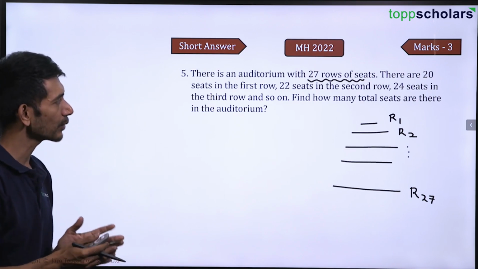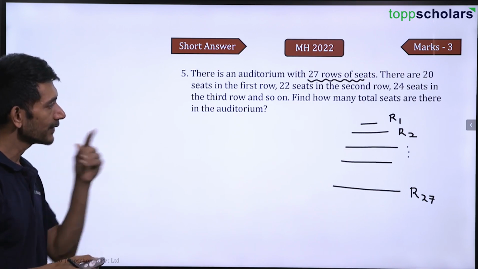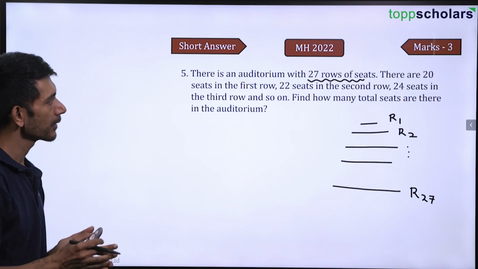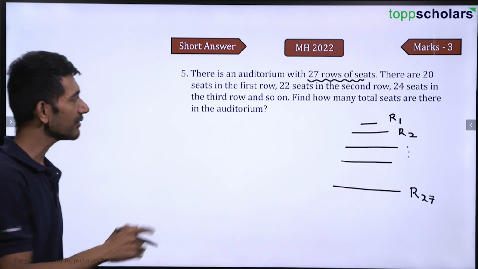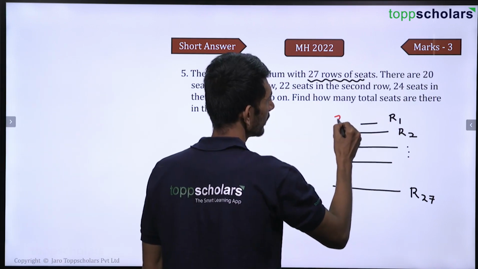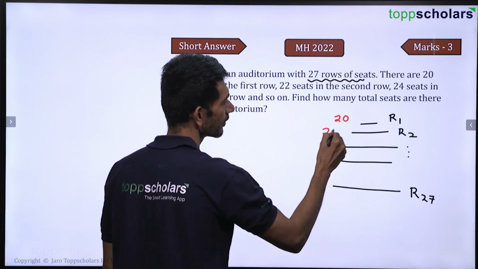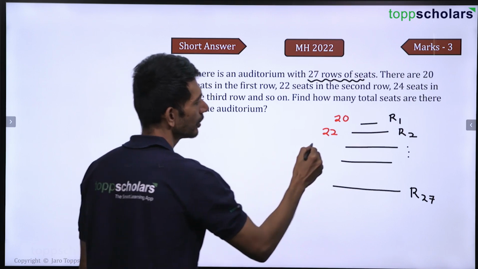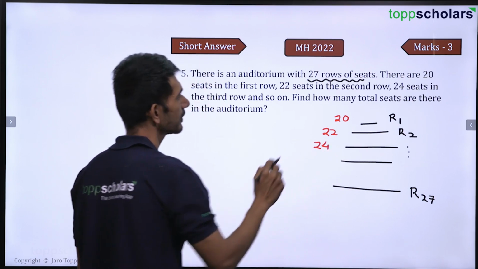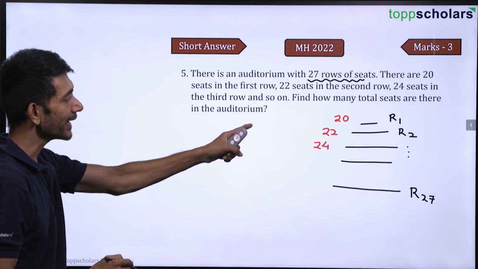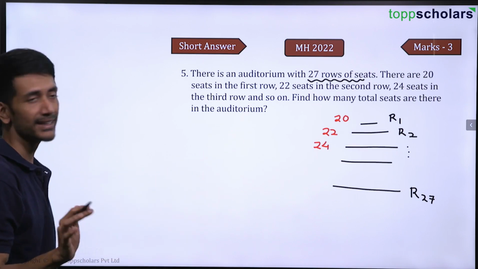Okay, let's try to understand the question. In an auditorium, there are 27 rows and there are 20 seats in the first row. There are 22 seats in the second row, 24 in the third row, and so on. Find how many total number of seats are there in the auditorium.